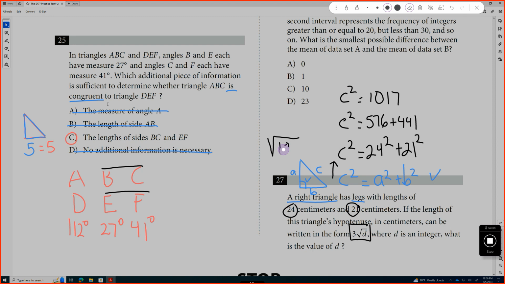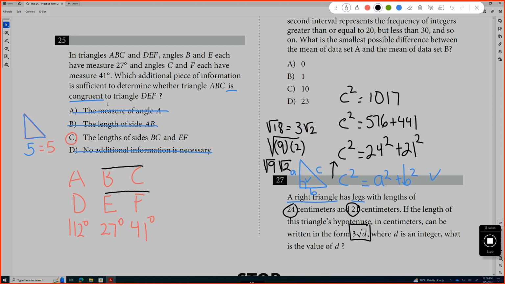Instead of 18, I can write 9 times 2, because 9 times 2 is 18. Why would I do that? So I can split the radical: the square root of 9 times the square root of 2. And the square root of 9 is 3, because 3 times 3 is 9. So in this case, the square root of 18 is equal to 3 radical 2.